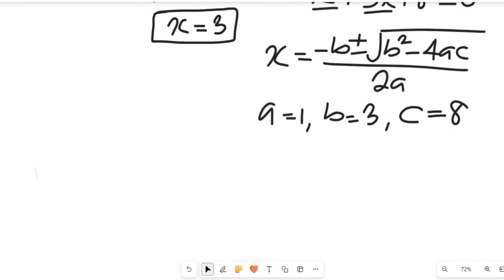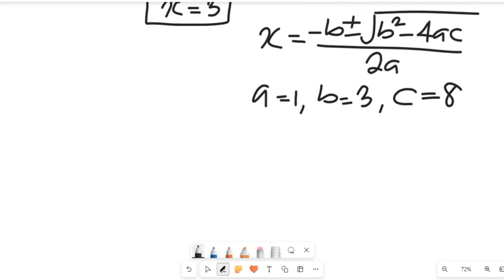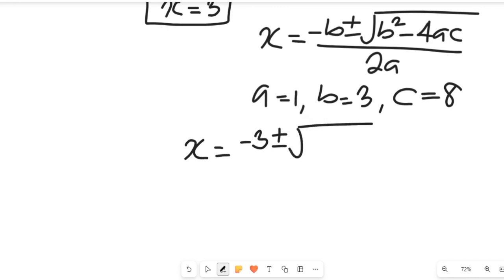So if we substitute that into the quadratic expression, we are going to have our value of x equal to negative 3 plus or minus the square root of 3 squared minus 4 multiplied by 1 multiplied by 8, right?